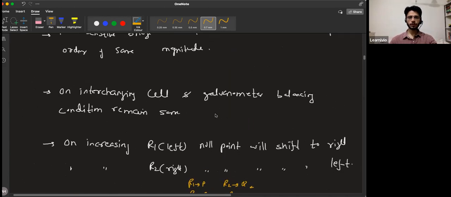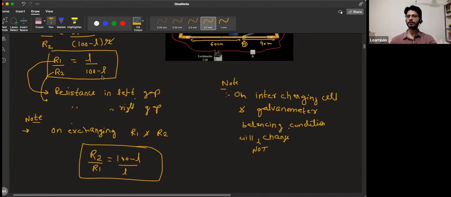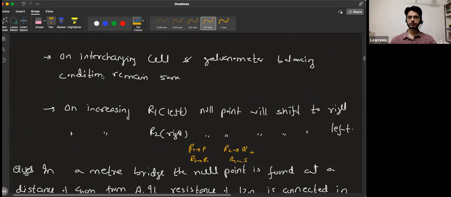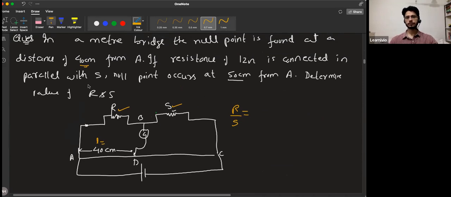See, Nabil, this is the formula. R1 by R2 equals L by 100 minus L. Instead of R1, this is R. Instead of R2, we have S. How much is L? 40. So it's 40 by 100 minus 40.